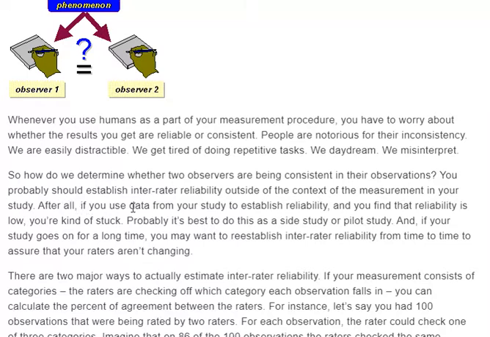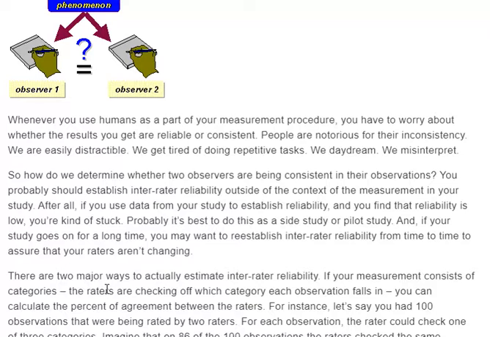After all, if you use data from your study to establish reliability and you find that reliability is low, you are kind of stuck. It is best to do this as a side study or pilot study. If your study goes on for a long time, you may want to re-establish inter-rater reliability from time to time to ensure that your raters are not changing.